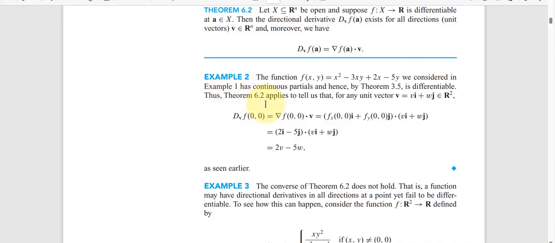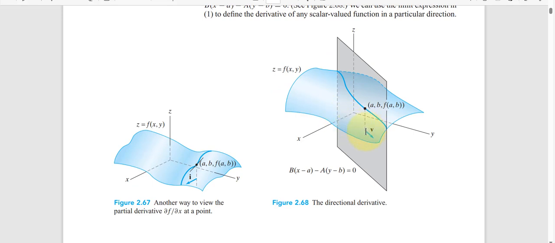Note that we can ask for the derivative in the v direction, but we also have to say at what point. Here we're asking at the v direction, but at the point a, comma, b, right?